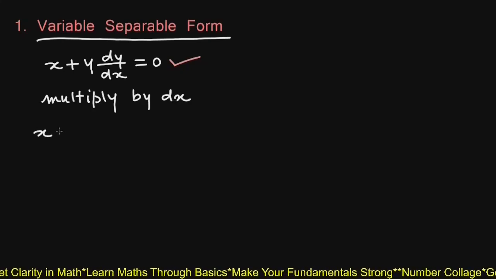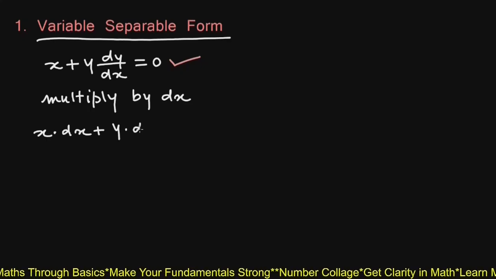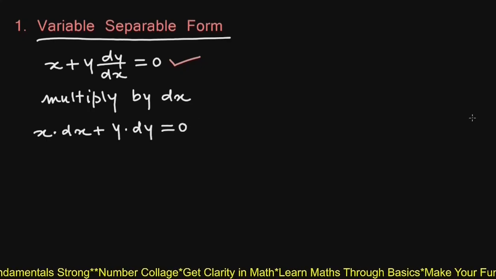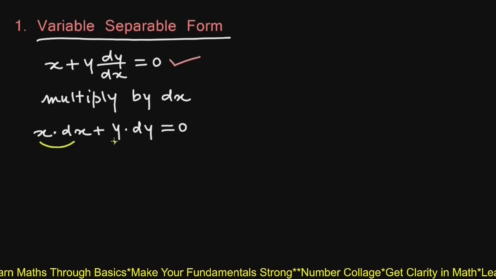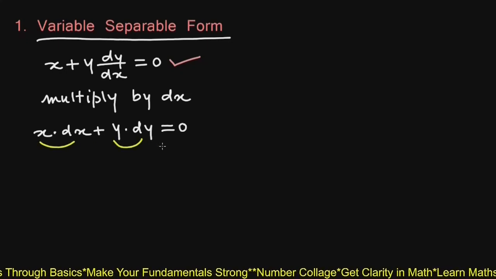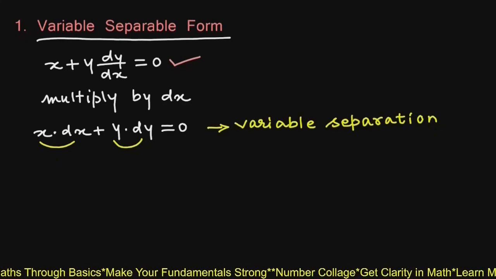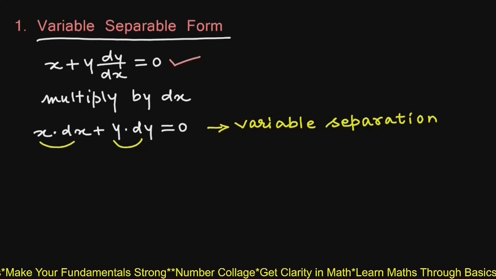That will be x into dx plus y into dy equals 0 into dx, which is 0. Here we can see that variable x is with dx and y with dy. This is known as variable separation, and after variable separation only we can integrate this differential equation.